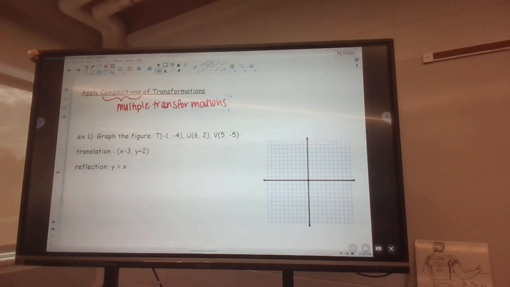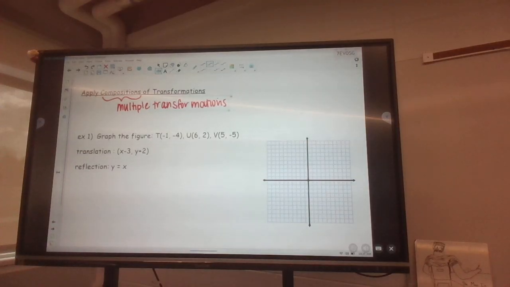And so that basically means maybe we're doing a slide and a reflection, or a slide and a dilation or something like that. You could have a rotation. We didn't really do much with rotations. They're a little harder to show other than just that it rotated. So just know that we won't do a ton with that in what we're doing.